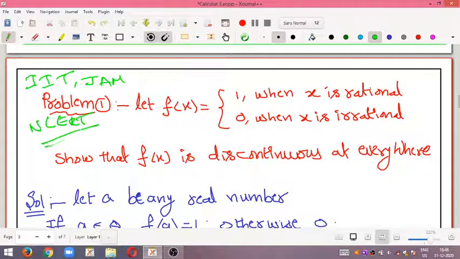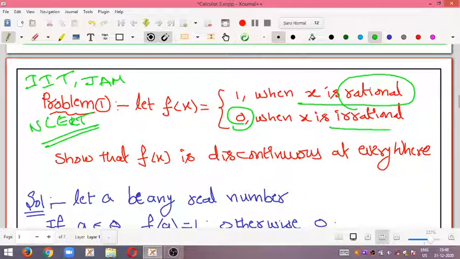NCERT also they asked. So this question: let f of x be equal to 1 when x is a rational number, otherwise 0. That means otherwise, if x is irrational.